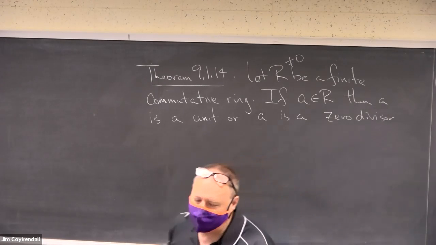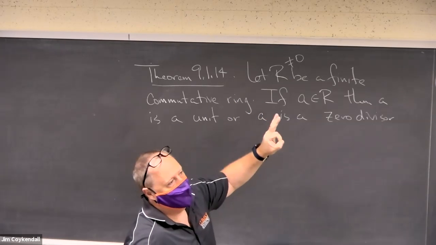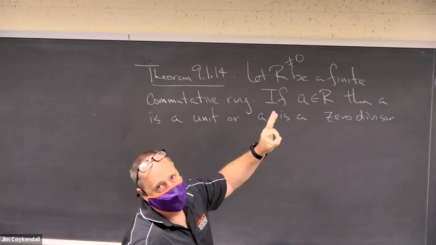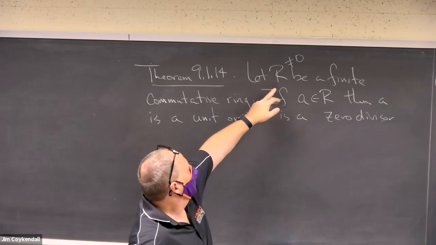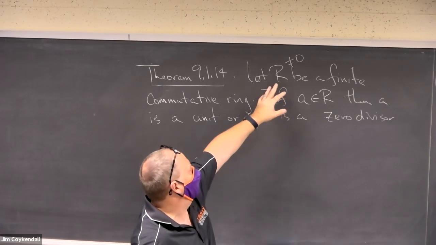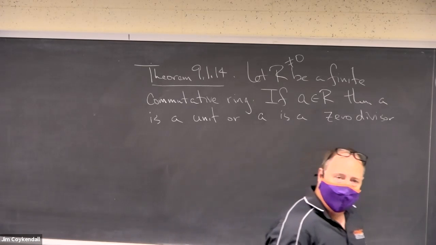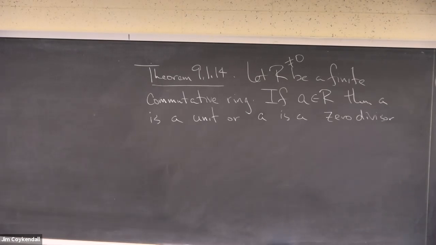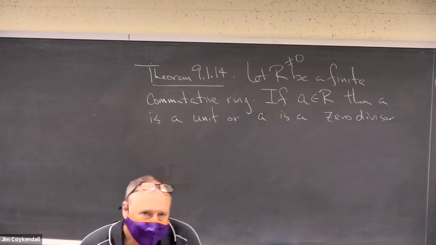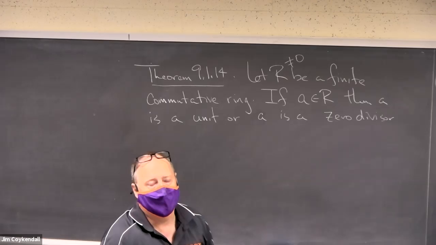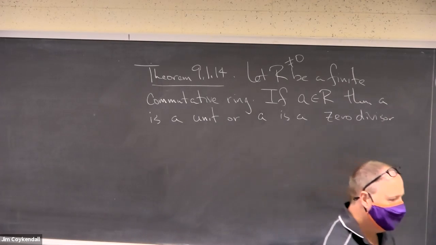Here is the stupidest ring in the world, zero. Zero is a ring because zero is an abelian group, it's just the identity, and multiplication is boring. The definitions kind of collapse and are vacuous. Let's just suppose we have a finite ring that actually has more than just the zero in it. Then any element in that ring is either a unit or a zero divisor.